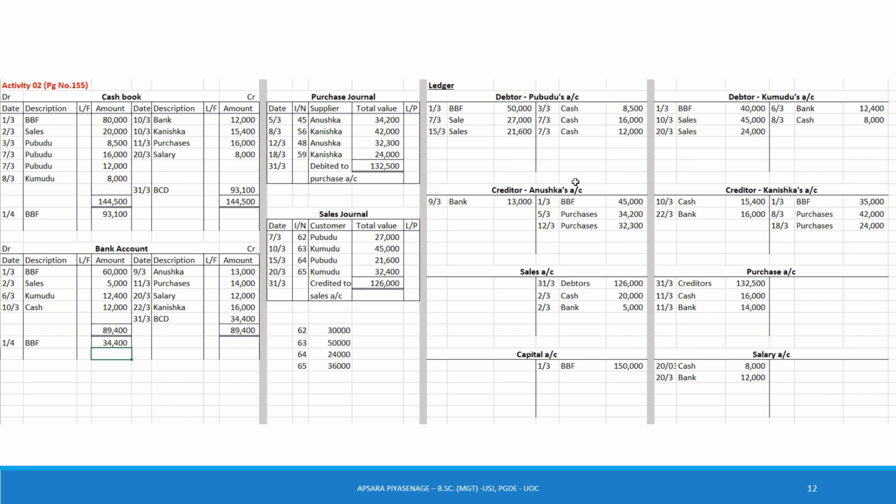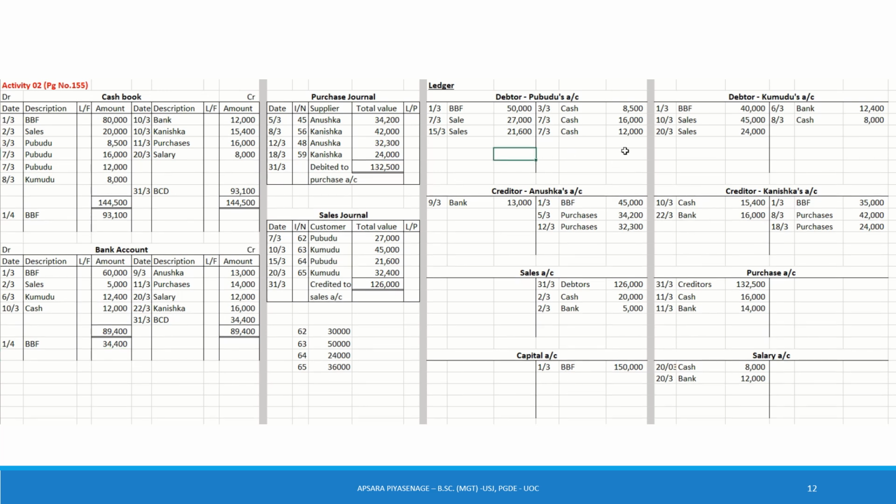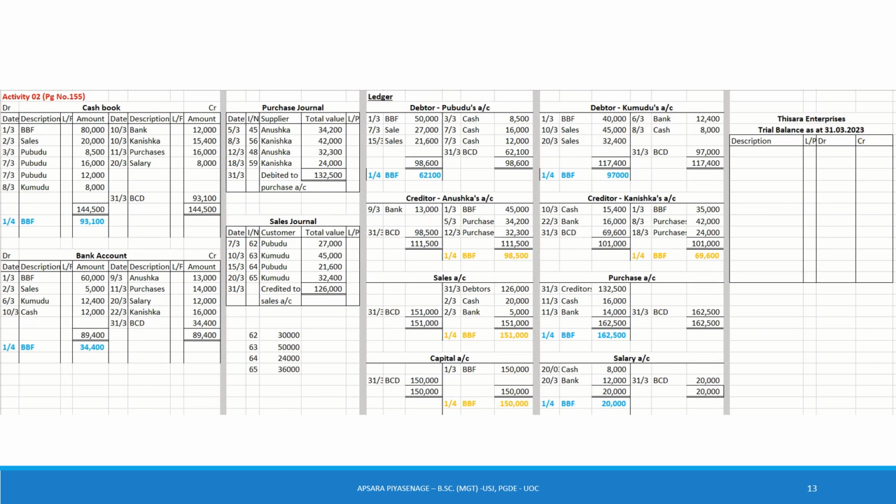Then we can balance all these ledger accounts. I have balanced all the ledger accounts. So now we will extract these balances to the trial balance.